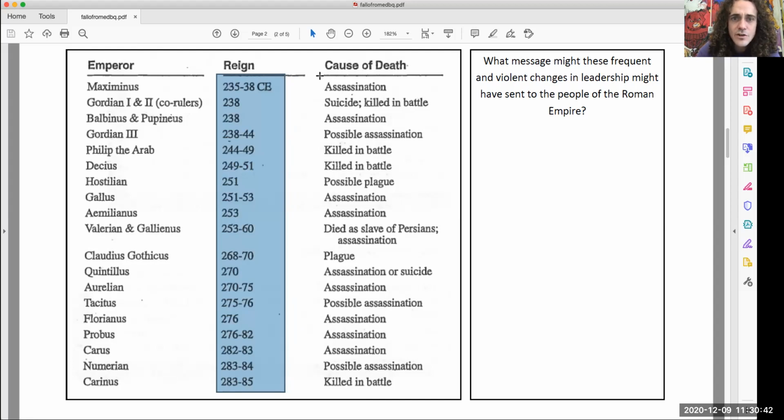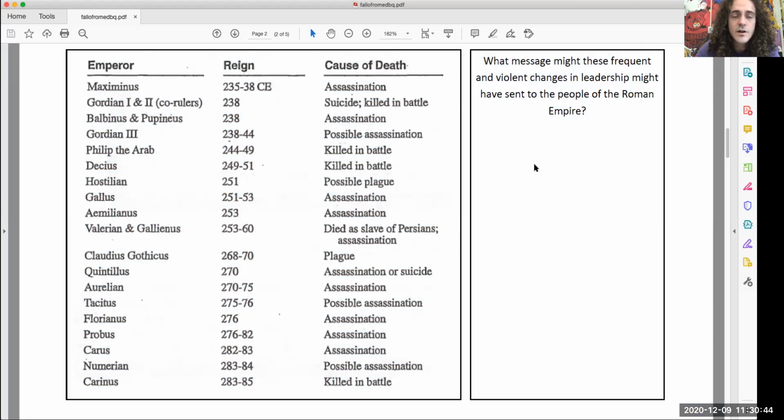Not to mention, if we look at the cause of death, Valerian and Gallienus died as a slave of the Persians and then by assassination. An emperor as a slave is already throwing red flags about the question, why did Rome fall?